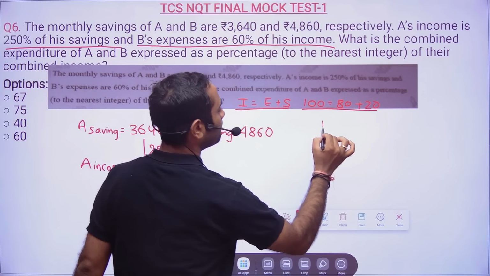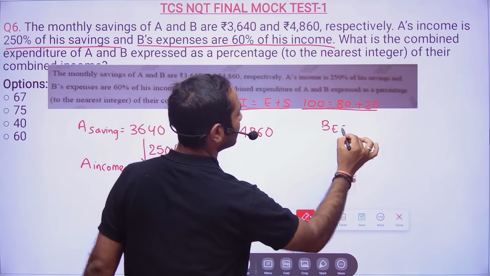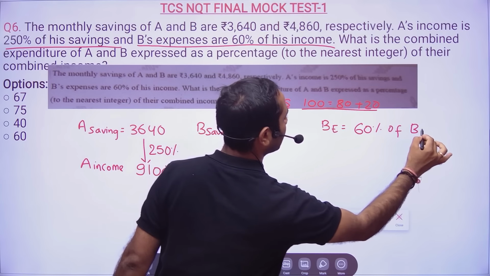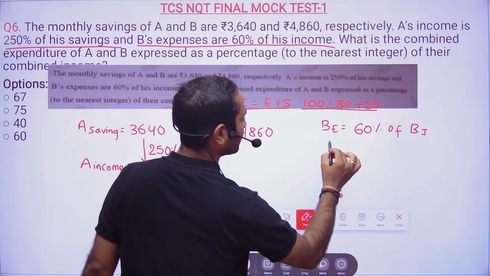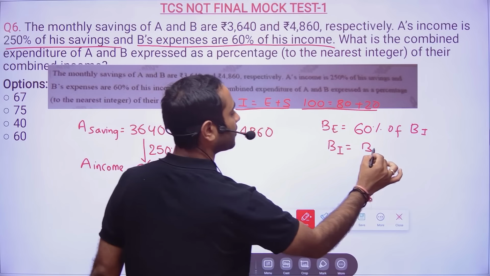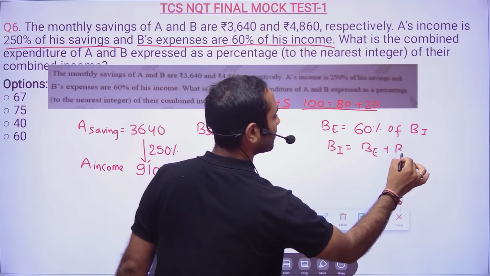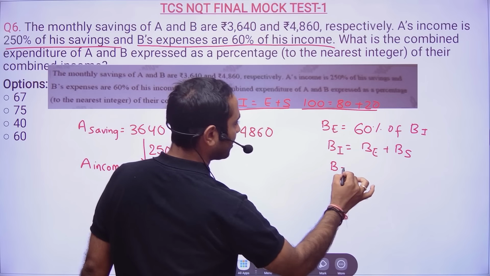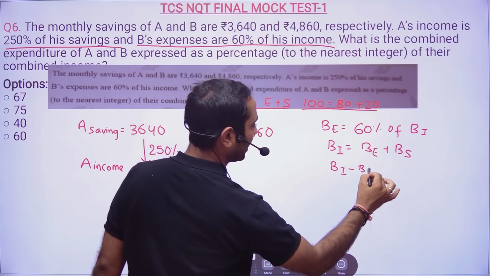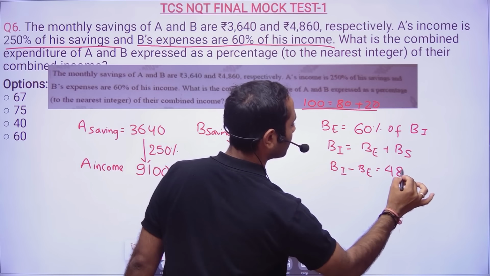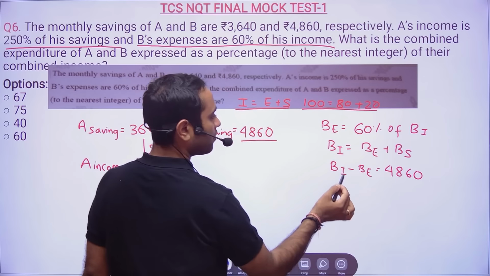Now they are telling B expenses are 60% of B income. Income will be B expenditure plus B saving. So B income minus B expenditure will be B saving, which is 4860.